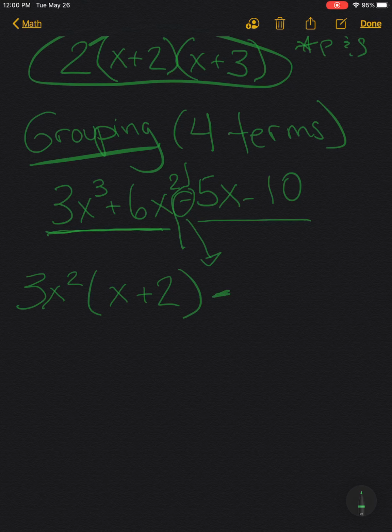Now what can these numbers be divided by? 5x and negative 10, they both can be divided by 5. So 5 comes down. Now divide them each by negative 5, and you're left with x plus 2.